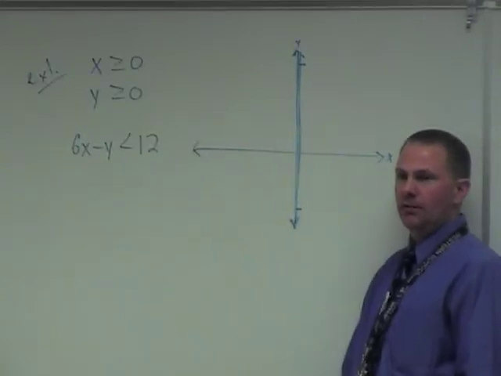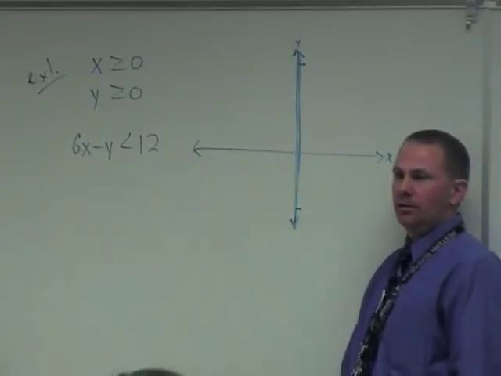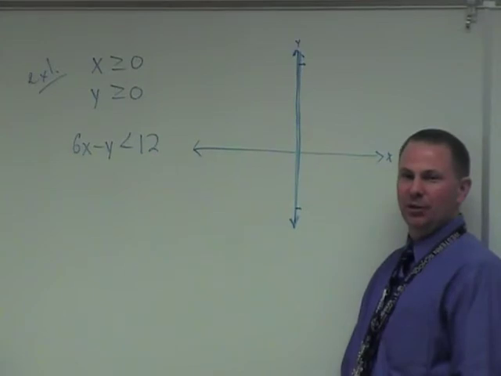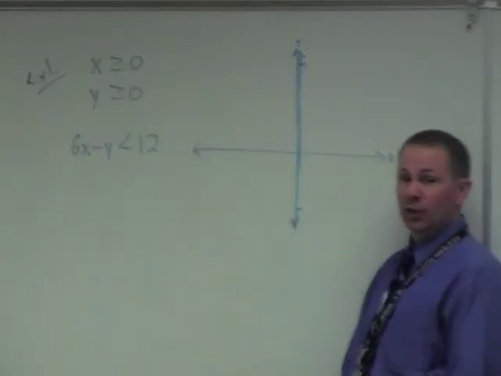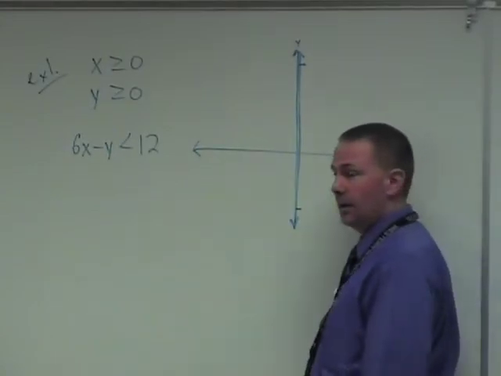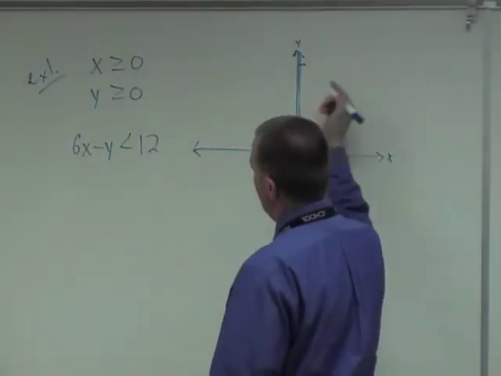Okay? Because you're going to have multiple shading lines being drawn, and it's going to be hard to decide where double or triple shading is. In this case, we're going to have triple shading. That's what we want. Okay? So, that's going to shade to the right.